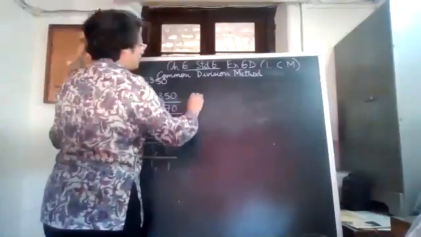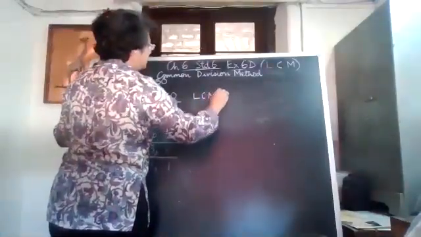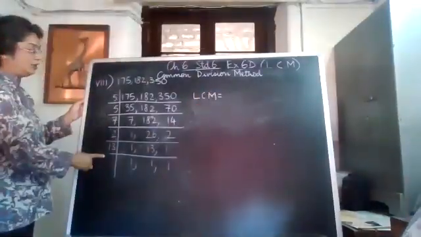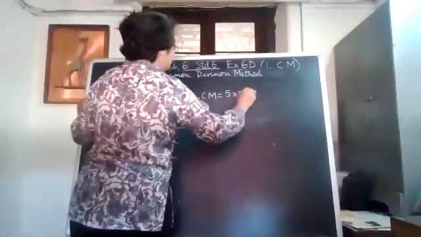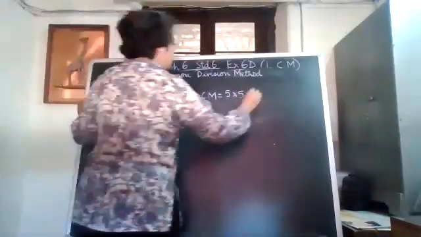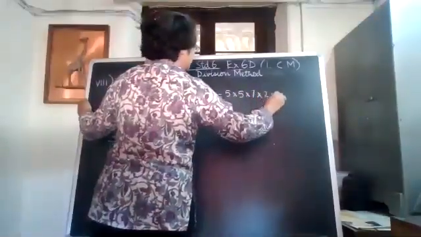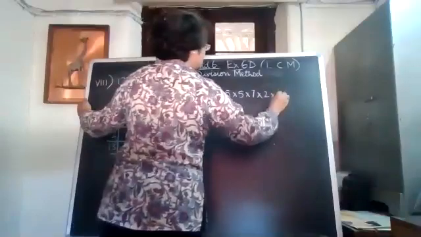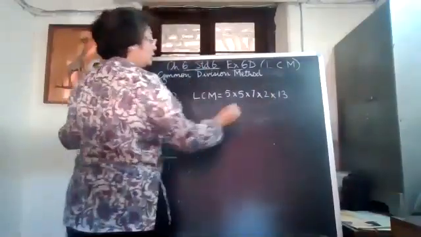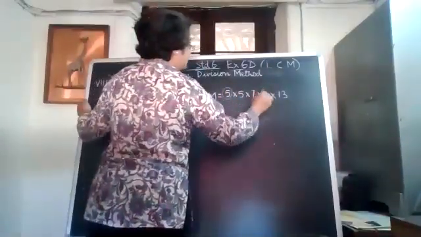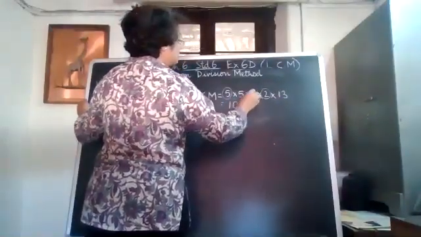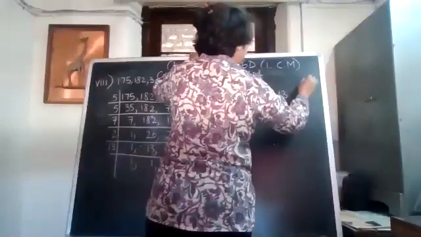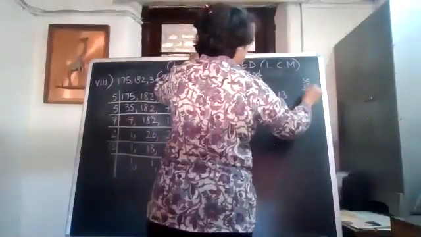Now your LCM, you simply multiply all these prime numbers. 5 into 5 into 7 into 2 into 13. Now you again do the trick. 5 and 2, 10. 10 multiplied by 5 7s are 35. 35 multiplied by 13.